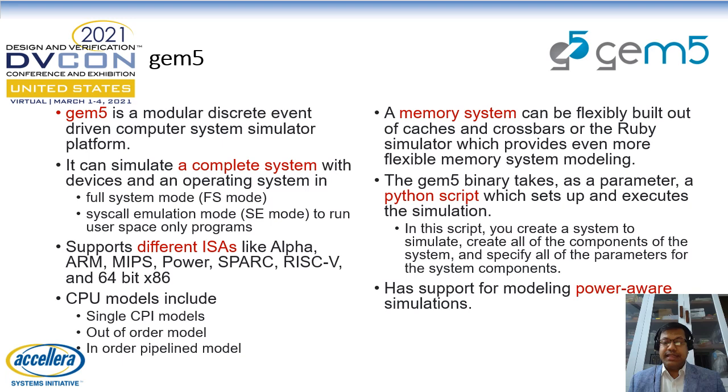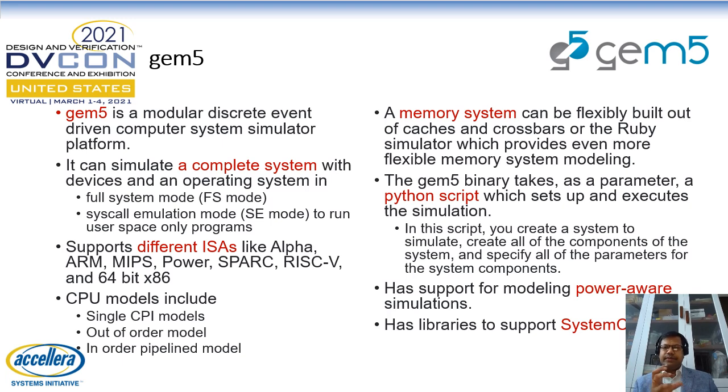And another thing which gem5 supports is doing power aware simulations. We did talk about how getting the power intent and the power numbers are also important. So gem5 allows us to capture the power details during the simulation process.